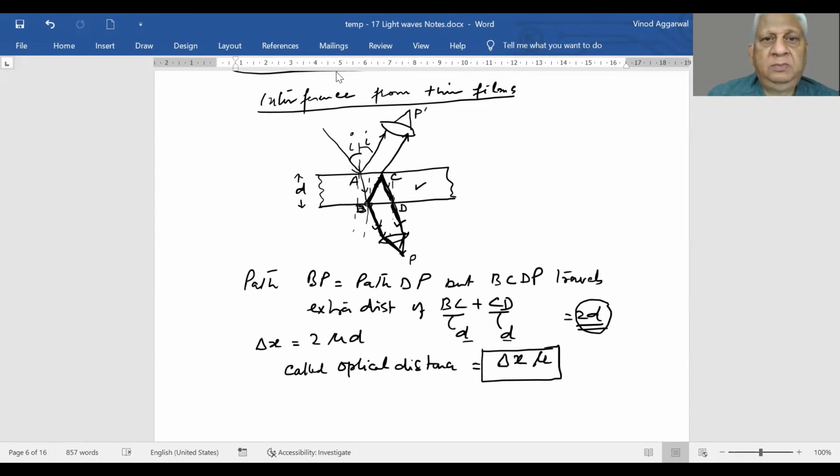Otherwise, a path difference here cannot be compared with the path difference here, because mu here is mu1 and here it is mu2. So you cannot compare the two. To generalize it, instead of taking geometrical distance, we take optical distance. This is the optical distance.